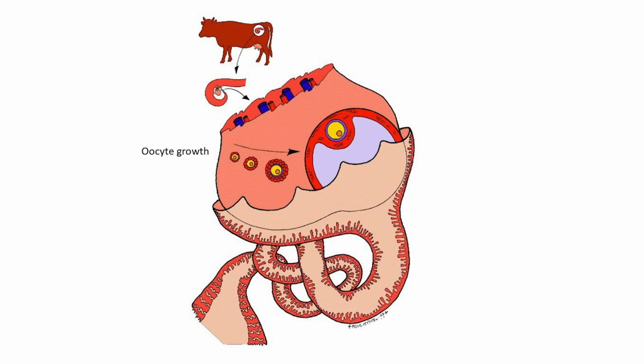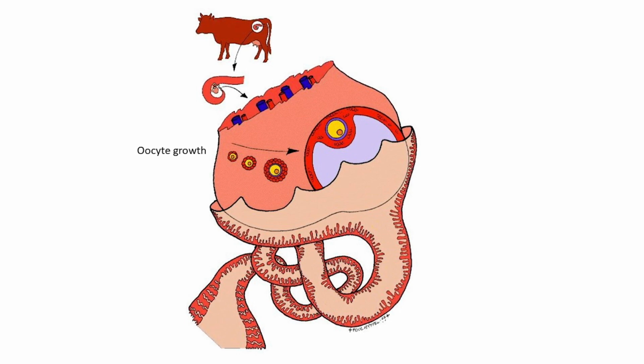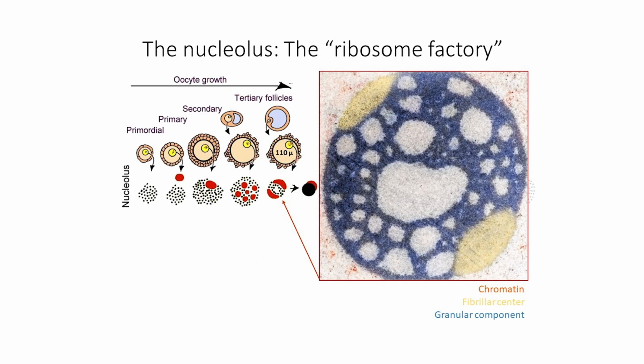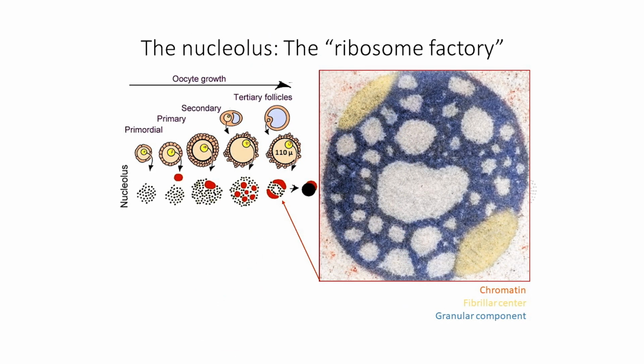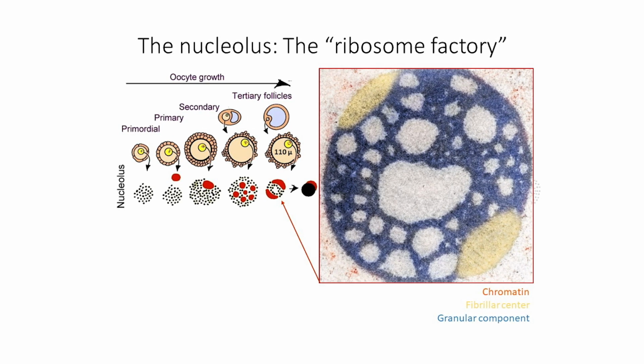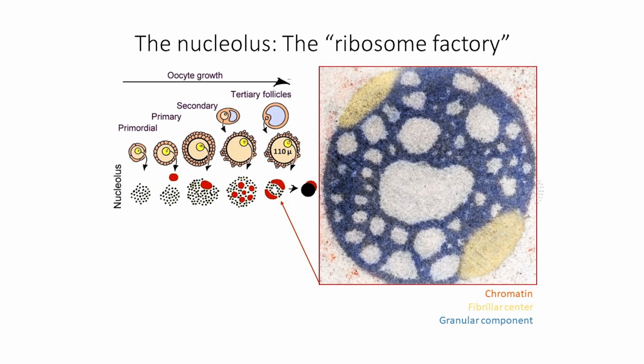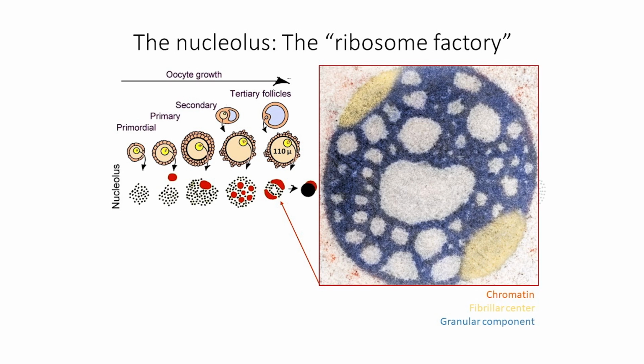At this stage of development, the follicle has transitioned from being gonadotrophin responsive to gonadotrophin dependent for continued growth and development. Oocyte growth continues in parallel with the follicle until the follicle reaches a diameter of 2 to 3 millimeters. At this point, oocyte growth plateaus at approximately 110 micrometers.